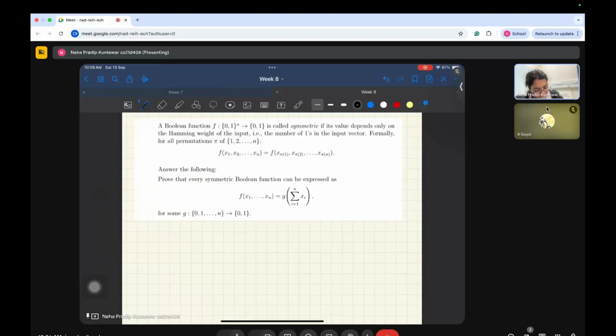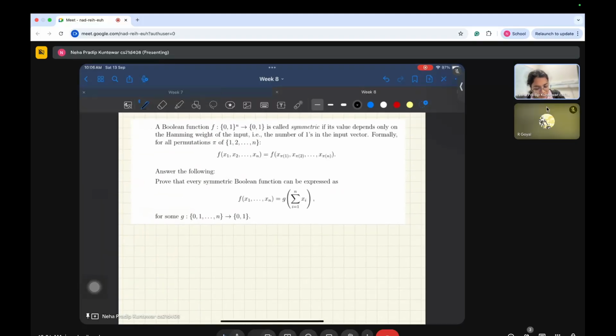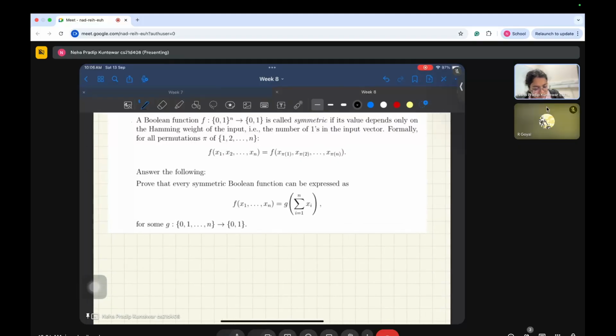We say that a function f is symmetric if its value depends only on the Hamming weight. That is, it only depends on the number of ones in the vector. Think of x1 to xn as the inputs, and no matter how you permute them, for example f of x1, x2, x3 is the same as f of x2, x1, x3, and the same as f of x2, x3, x1, and so on, for any possible arrangement.